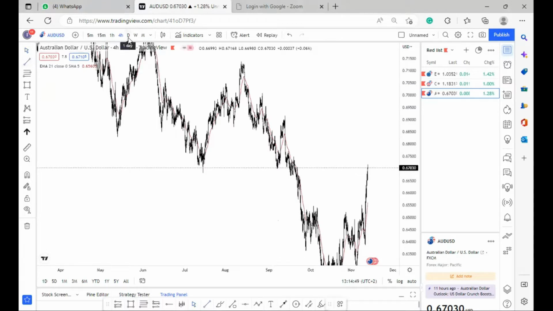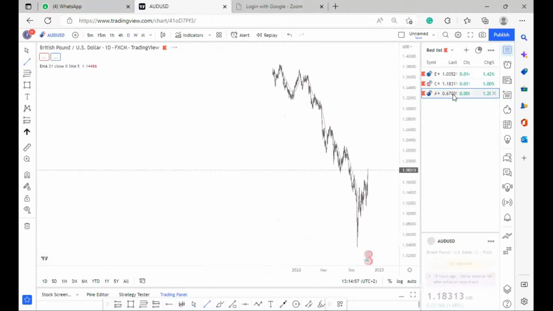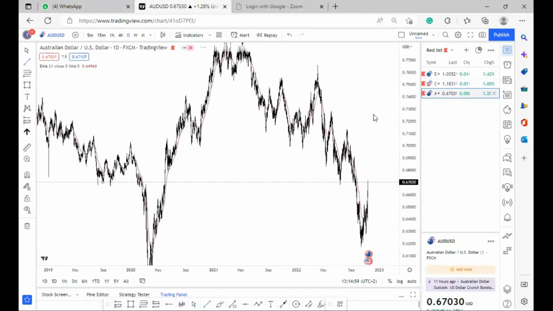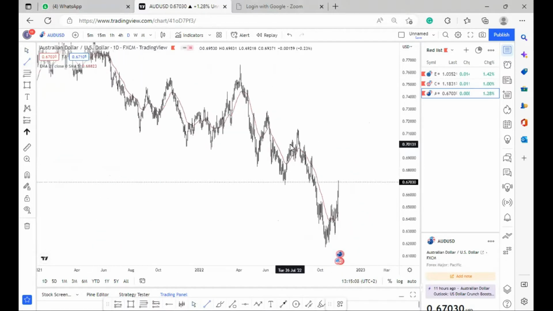When we're doing the analysis, we first have to go to the daily time frame. Some people start with the weekly time frame, but personally I prefer the daily time frame because I normally trade a small account.